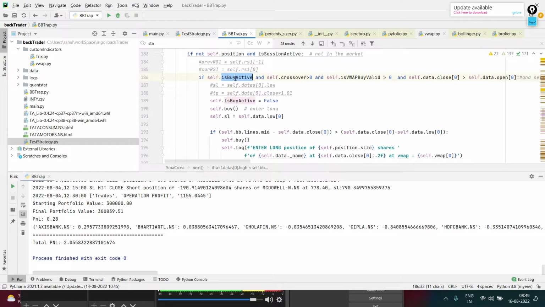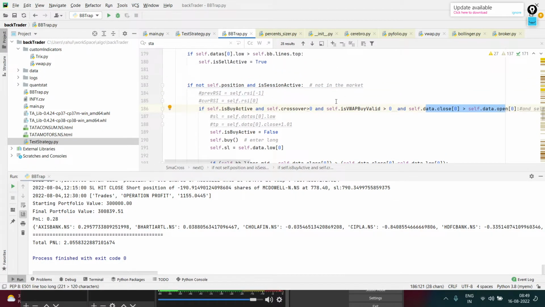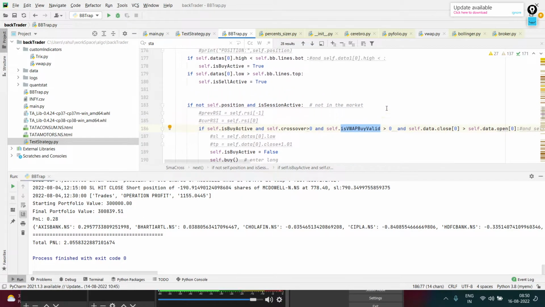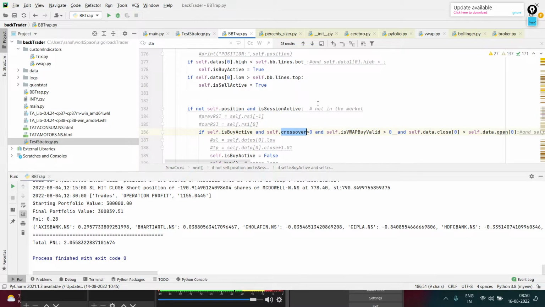Once the signal is triggered, we check whether this condition is active or not, and then VWAP data close is greater than, this is for the buy, and whether VWAP is valid or not and the crossover is there or not.